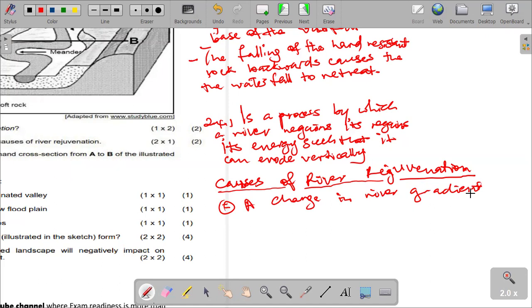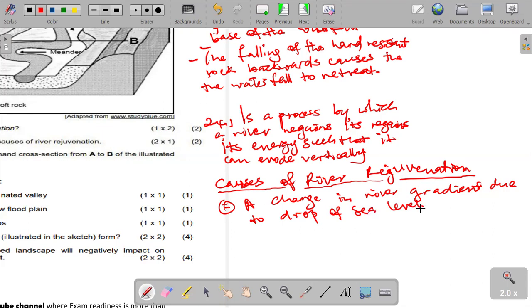This is a result of a change of gradient, either caused by a drop in sea level. Remember, a river flows from the source to the mouth, from the upper course to the lower course, and rivers end up emptying their waters into the sea.